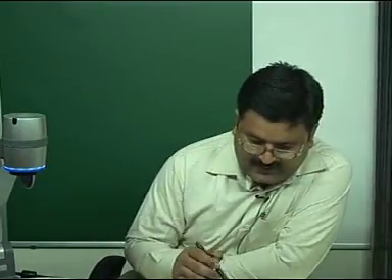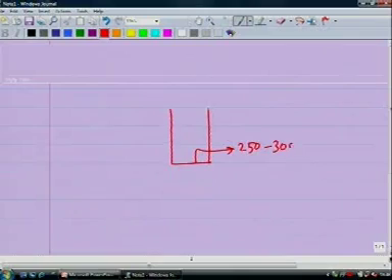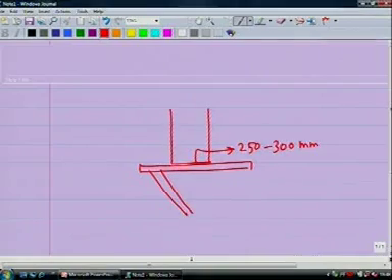If the width of your beam is small, suppose of the order of 250 to 300 millimeter, then you can use these components, something like this.